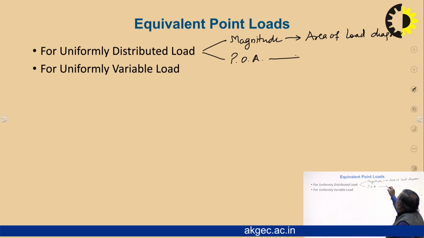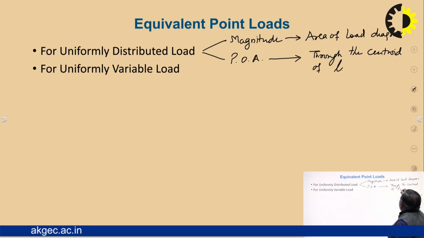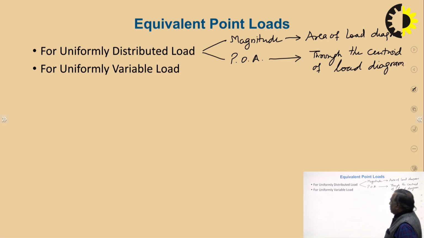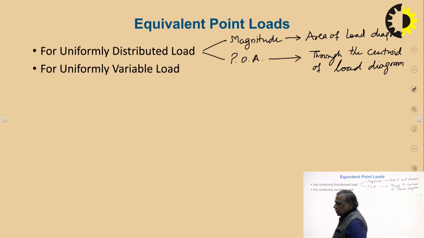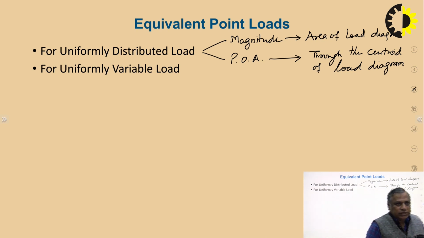And the point of application is through the centroid of the load diagram. These two things we need to have. We can convert these distributed loads into equivalent point loads easily.